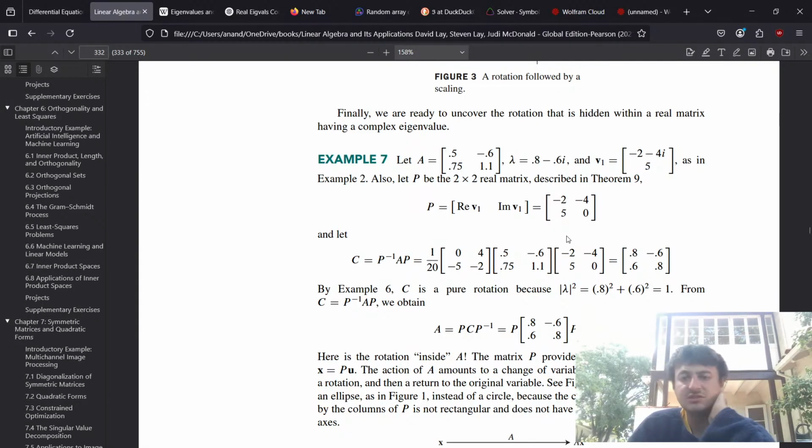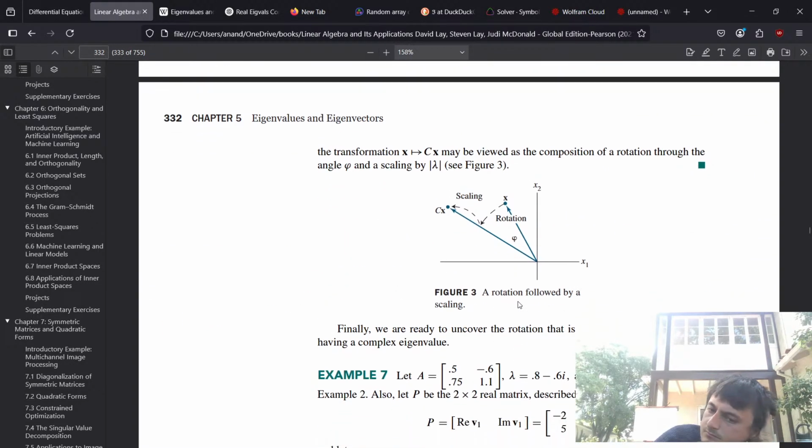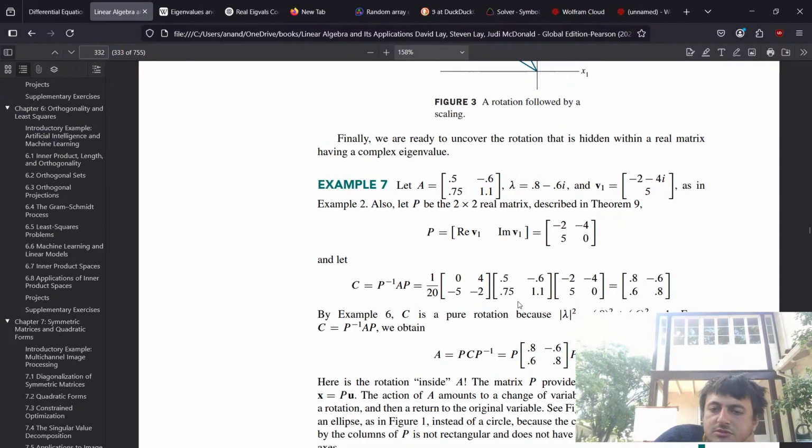What? Oh, but that's only because A actually has these pure rotations. But it's not that all of them are going to be pure rotations.